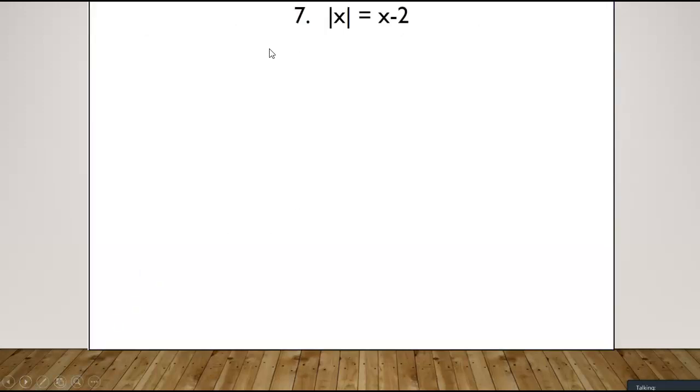Okay, and number 7, we have absolute value of x equals x minus 2. So splitting, you get x equals x minus 1 and x equals -x plus 1.